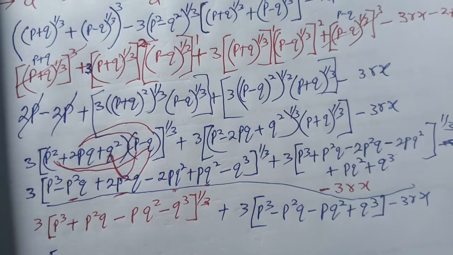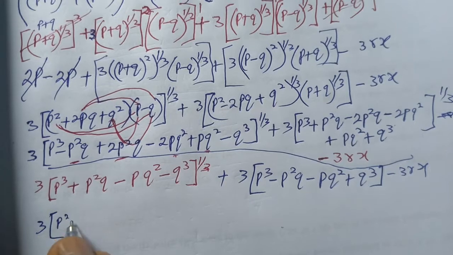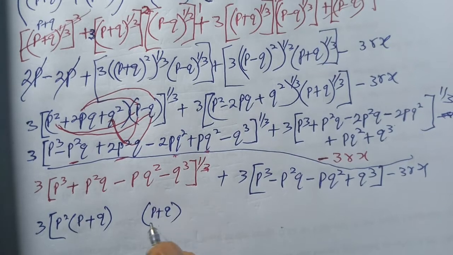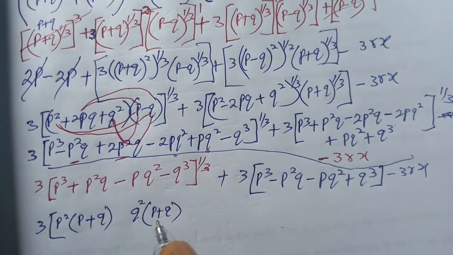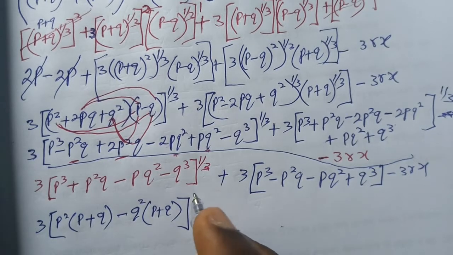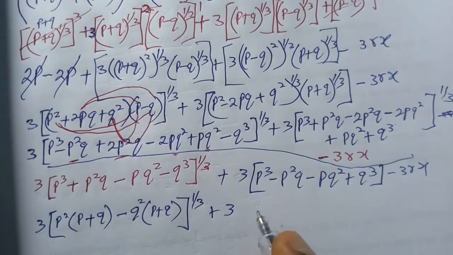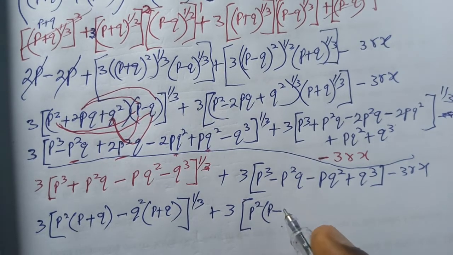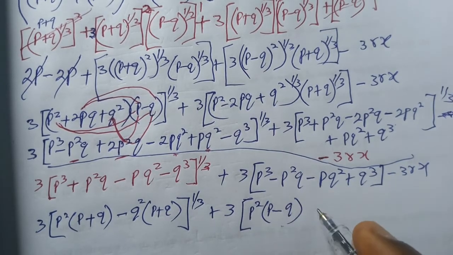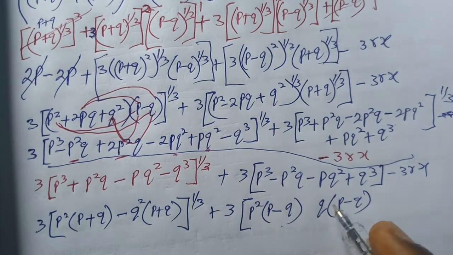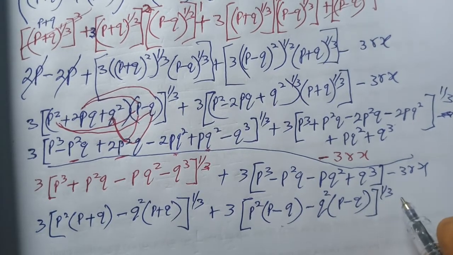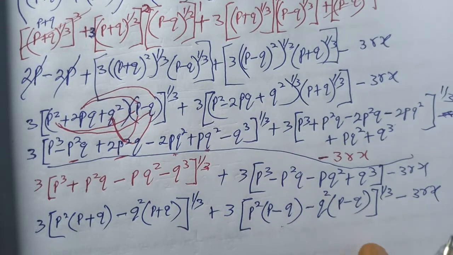Okay, so we can now factorize. If we factorize, we'll have p squared into (p plus q), then q squared, so 1 over 3, plus 3. You come over here, the same thing, you factor out p minus q, and put the same thing inside this bracket, to the 1 over 3, minus 3rx.